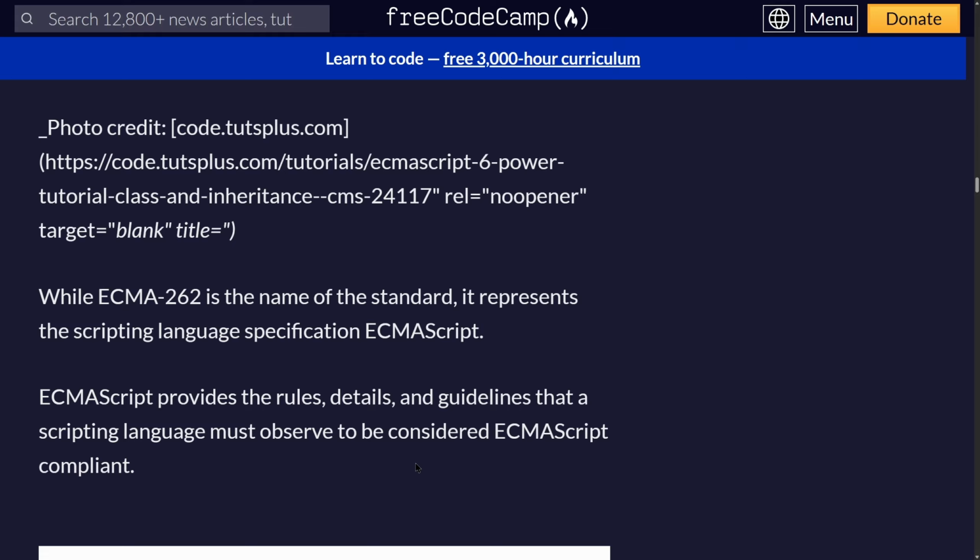Okay, so ES 2015 is the same as ES6. Okay, I hope that makes sense. So here we are in 2026 basically. So I think we have ES 2022, and then we are basically having all of these inside of ECMAScript. Okay, so I hope that makes sense.